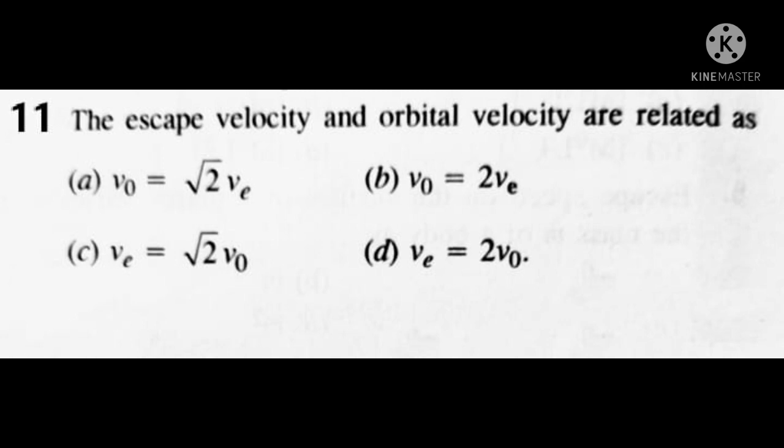The orbital velocity of a satellite is the velocity required to put a satellite into its orbit around the earth, and there is a relation between the orbital velocity and escape velocity, and that is ve equal to root 2 v0. So here C is the correct option. The relation between escape velocity and orbital velocity is ve is equal to root 2 v0.